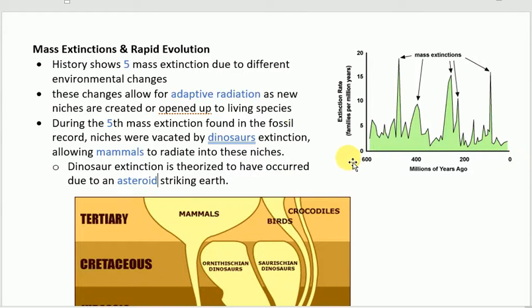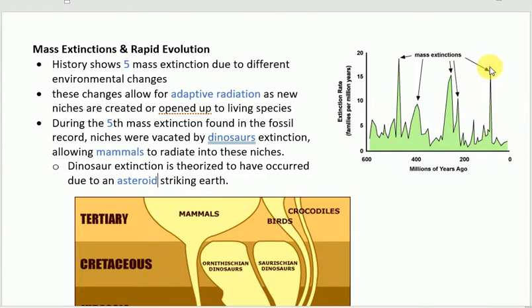So, one thing that I do want to note is on the AP exam, you're not going to need to know exactly when these mass extinctions occurred. However, you may want to have a roundabout. So, for instance, here, this is a mass extinction. It happened at about 500 million years ago. There's another one at about 400, another one at about 300, and one at 200.